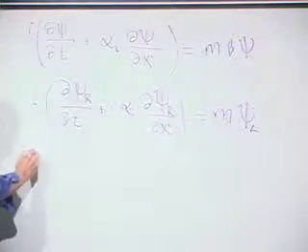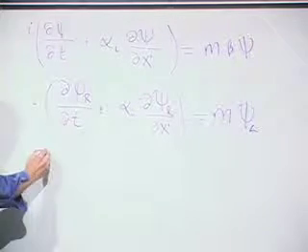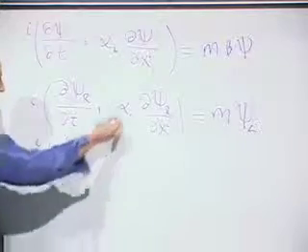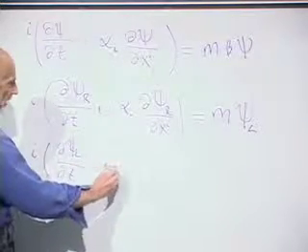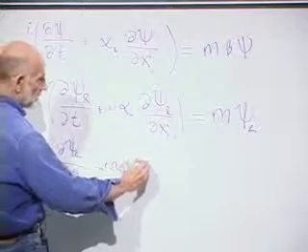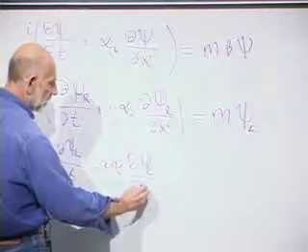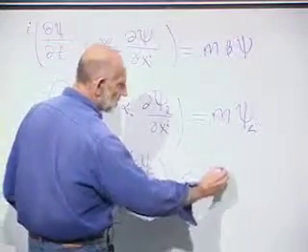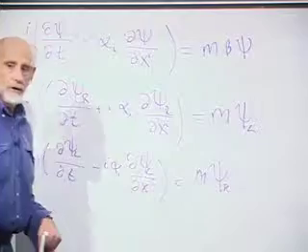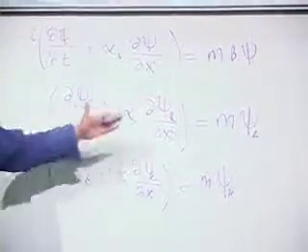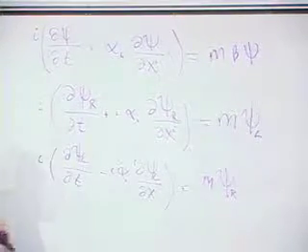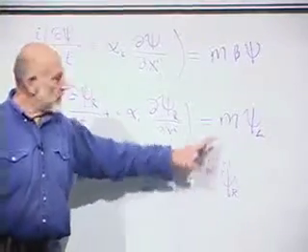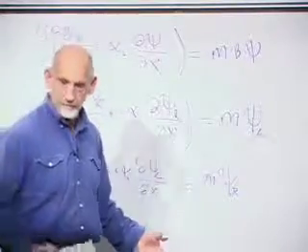And likewise, here's the equation for the left-handed component. d psi left-handed by dt, turns out it's minus I alpha sub I d psi left-handed by dxi, is equal to m psi right-handed. In other words, it's a funny equation in which the right-handed and the left-handed components are completely independent if the mass is 0, but the mass mixes them up.